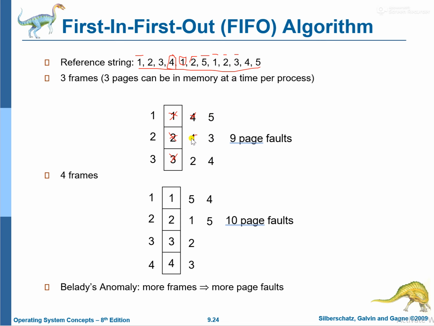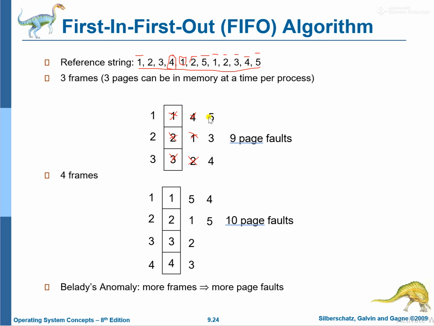First in first out, so 1 will be removed and 3 will be brought in its place. Okay, right now what we have in the memory is 5, 3, 4. Okay, we need to access 4. 4 is not there, so first in first out, 2 will be moved out and 4 will be brought into main memory, and then in the end we need 5 and 5 is already present in the main memory.